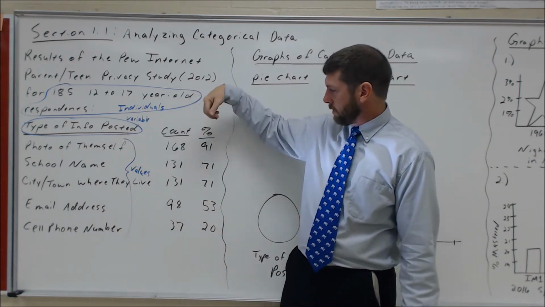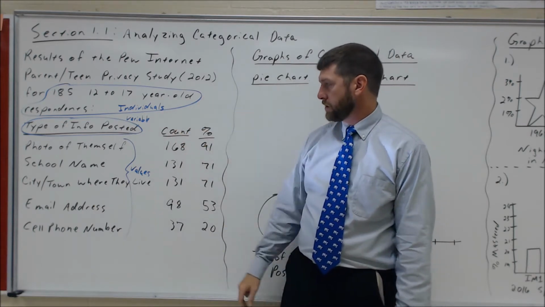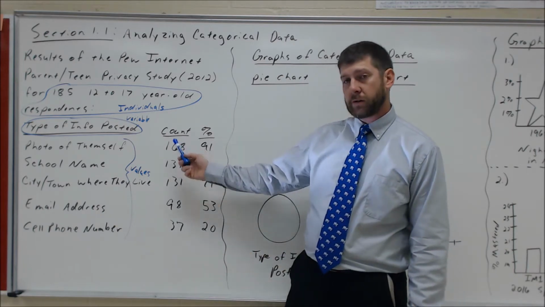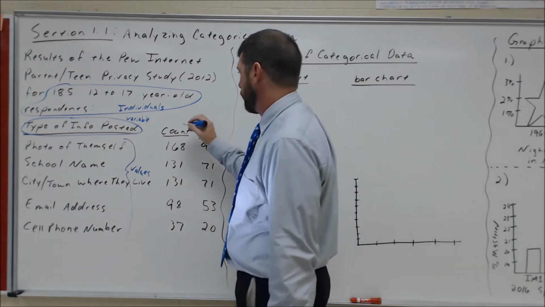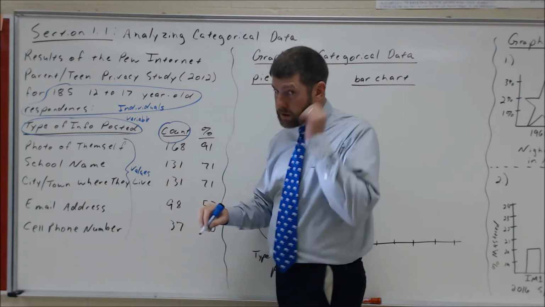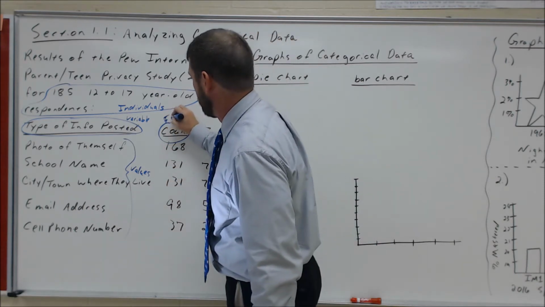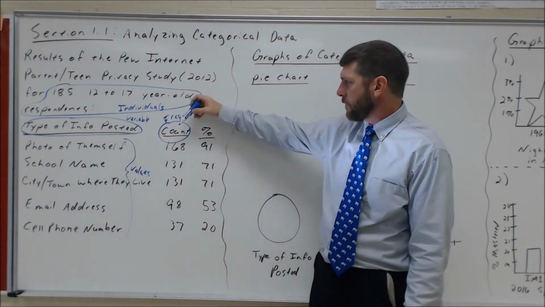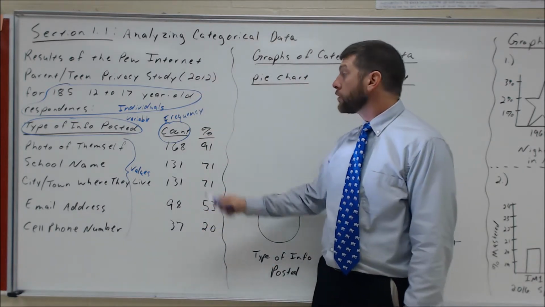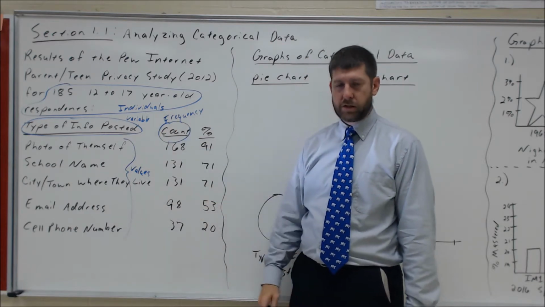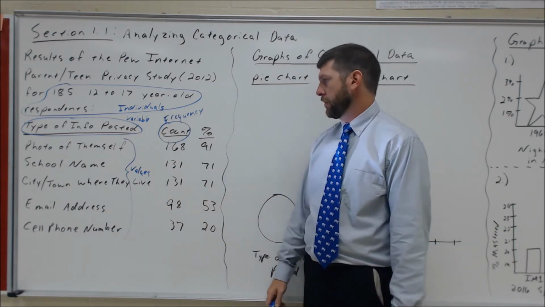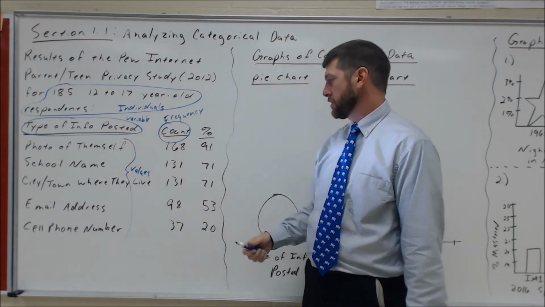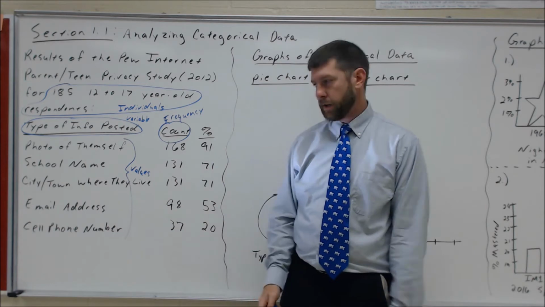All right, so let's talk about the count. How often each of those values was responded, how many people gave those answers. We've talked about count, how often something occurs, before, and that word was frequency. So that's the frequency, and then we've converted those into percentages. So 91% of the students said they would post a photo of themselves. 71% of the teenagers said they would tell people online where they live.